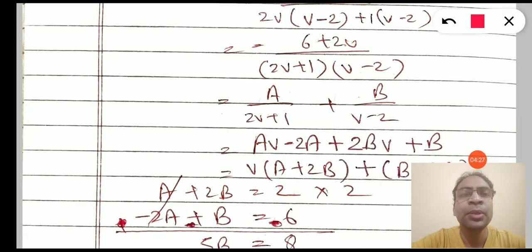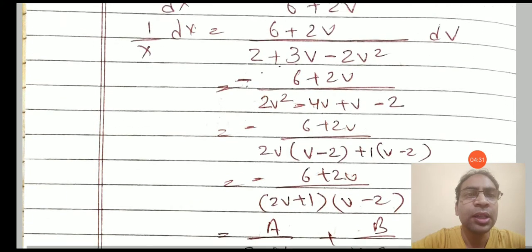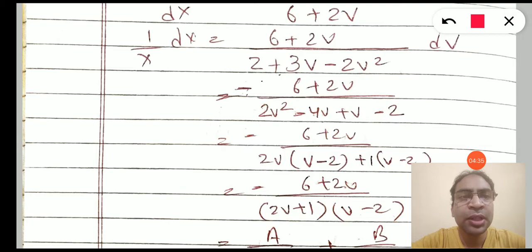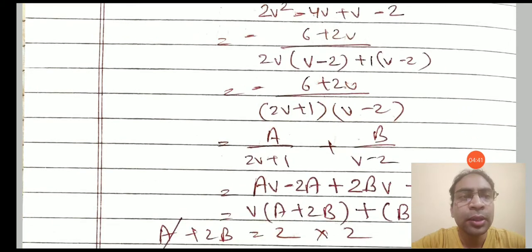You can see how it will be used. We will take the factors of the denominator, and this denominator is converted to 2v plus 1 and v minus 2. These are the two fractions.